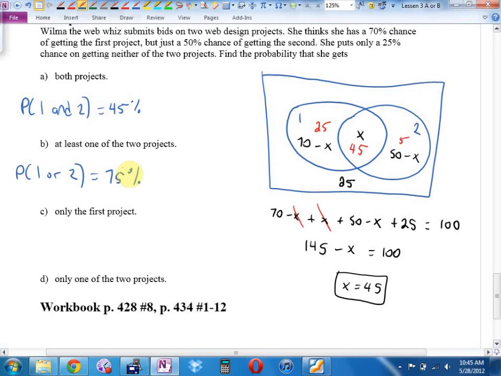Hey Sabrina, what are the odds of her getting only the first project? Now I would write that like this: 1 and not the second. That's how you would write only the first. Can you see it? Which of those ovals is only the first but not the second?